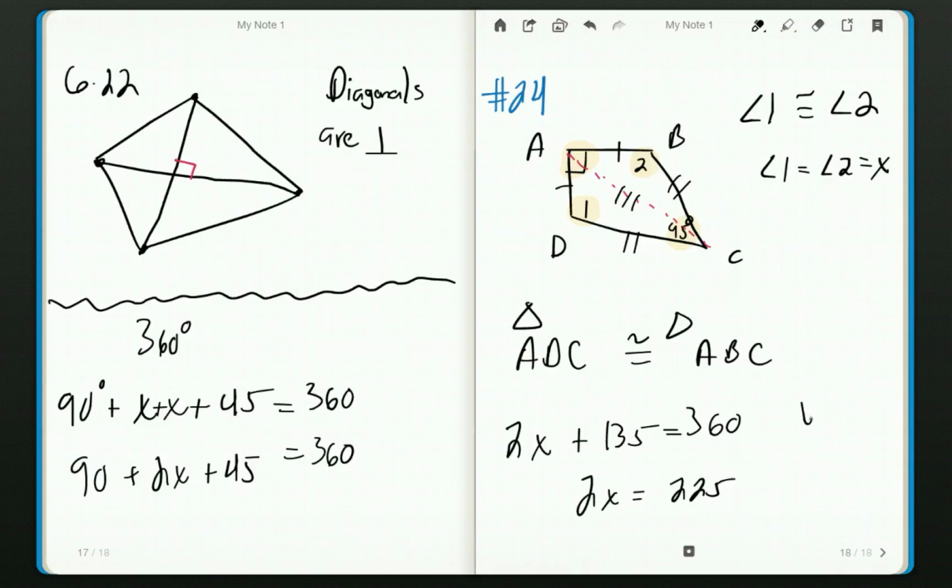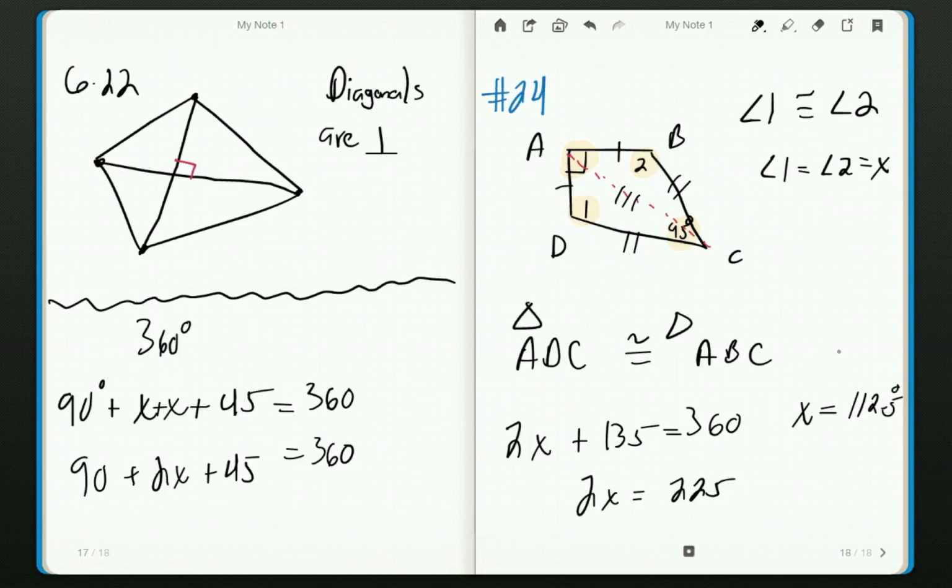And then solve for x. We can round to the nearest degree, so we can either round up or down. Well, actually, not quite. You have to keep it that because it's 360 degrees. So not too bad.